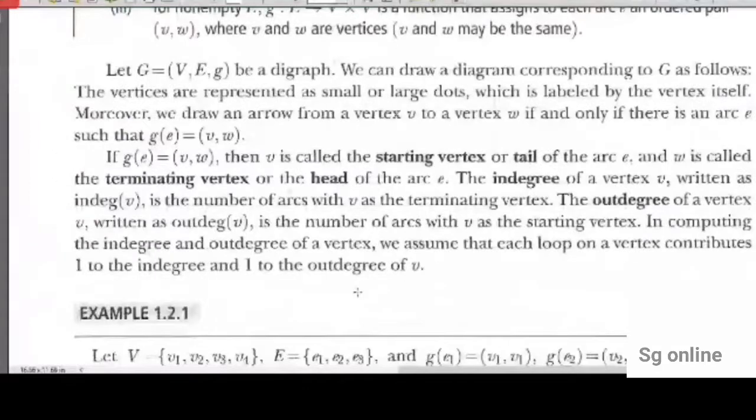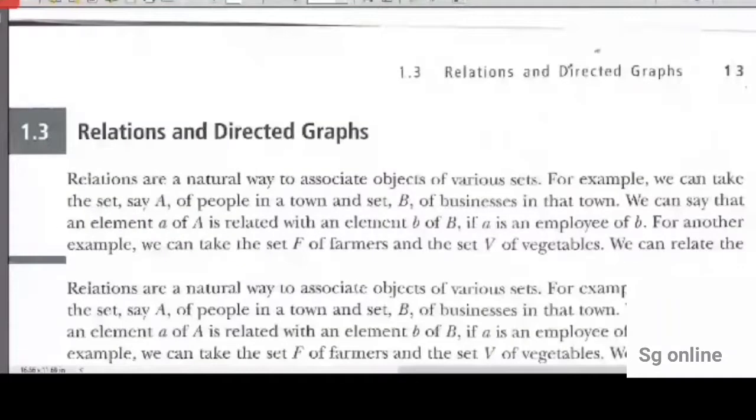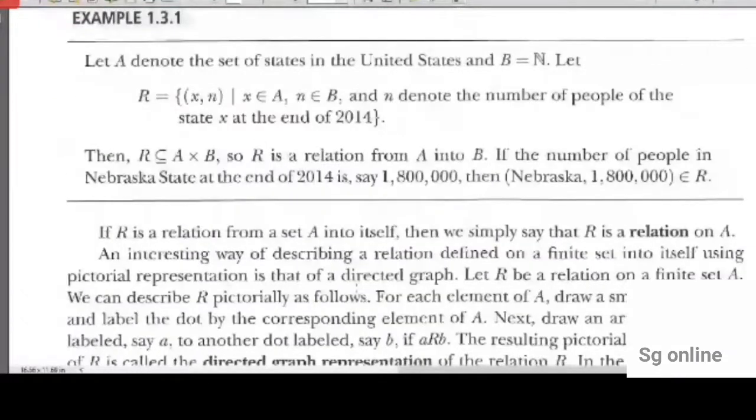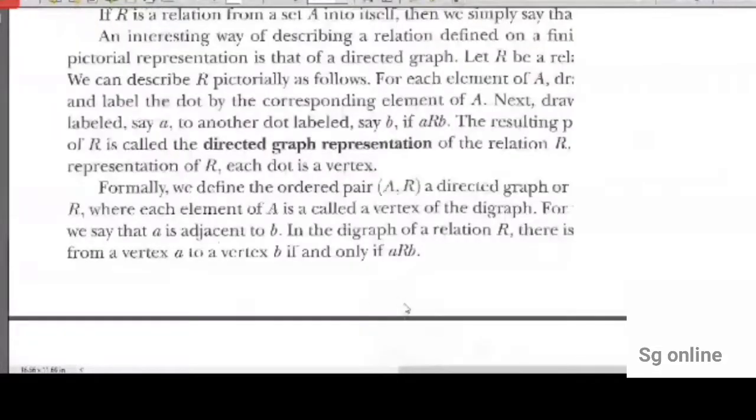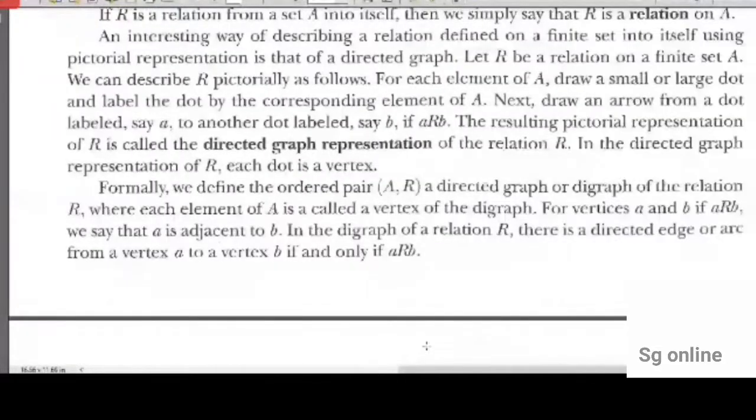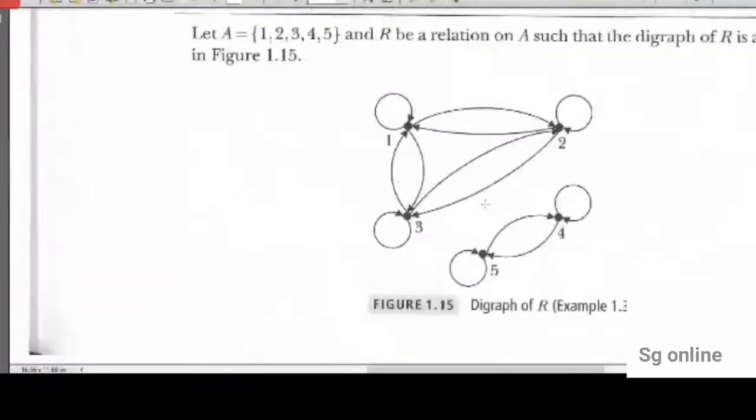When we get loops at each vertex, we get that they are reflexive. Suppose for this graph you see that there are loops at every vertex, so the graph is reflexive here.